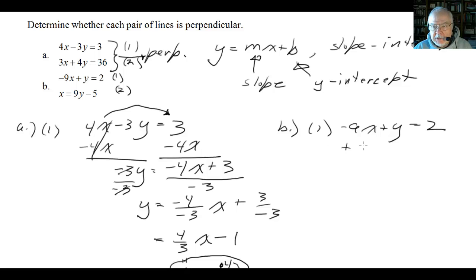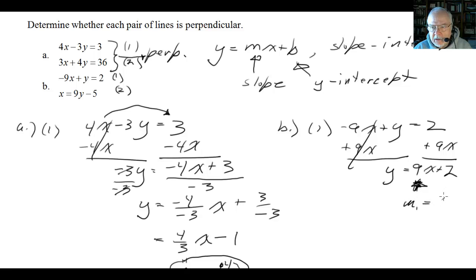And the same routine, we've got to get rid of the 9x because we want to put it on the right-hand side. Do it to one side, you've got to do it to the other side. That cancels. That leaves me with y equals 9x plus 2. Aha! That's what I'm looking for. So that's m1, and that's 9. So the slope of my first line is 9.